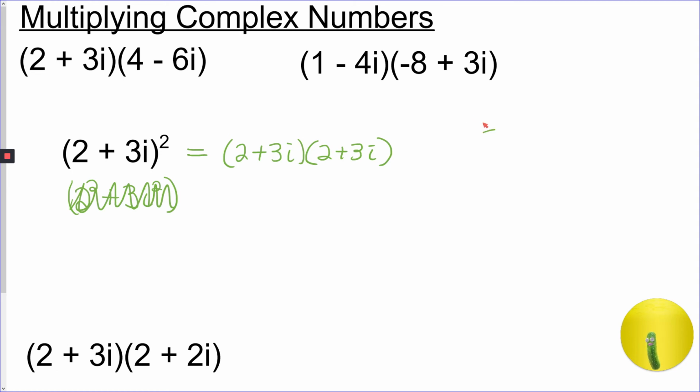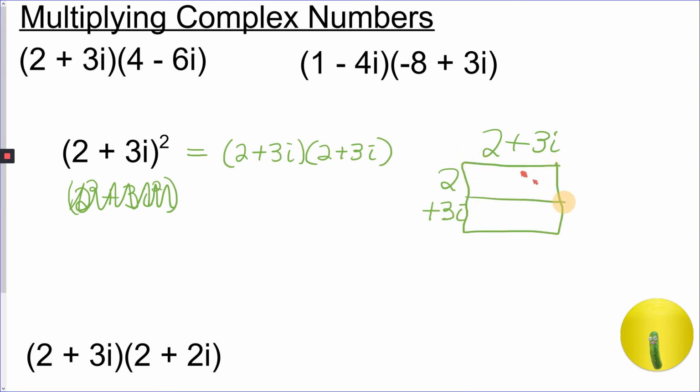Now with the 2 plus 3i, again, I'm going to do my box method. So I've got 2 plus 3i on the top, 2 plus 3i on the side. Of course, they're the same, so who knows which one I put on the top, which one I put on the side. I'm going to do this one rather quickly, so check it out.